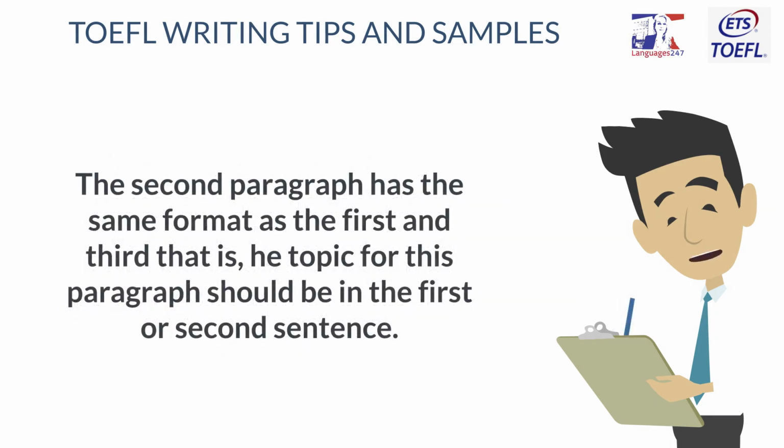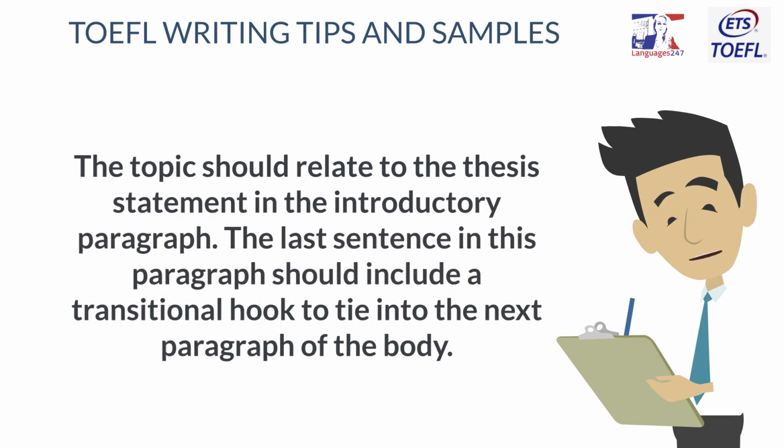The second paragraph has the same format as the first and third, that is, the topic for this paragraph should be in the first or second sentence. The topic should relate to the thesis statement in the introductory paragraph. The last sentence in this paragraph should include a transitional hook to tie into the next paragraph of the body.